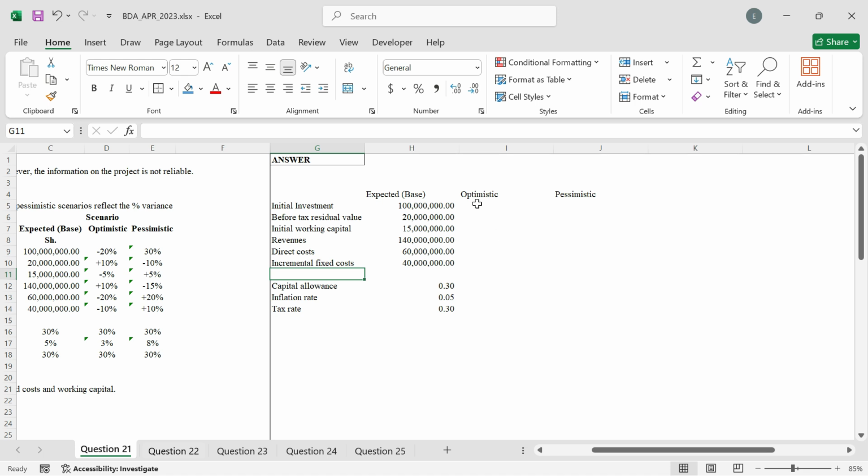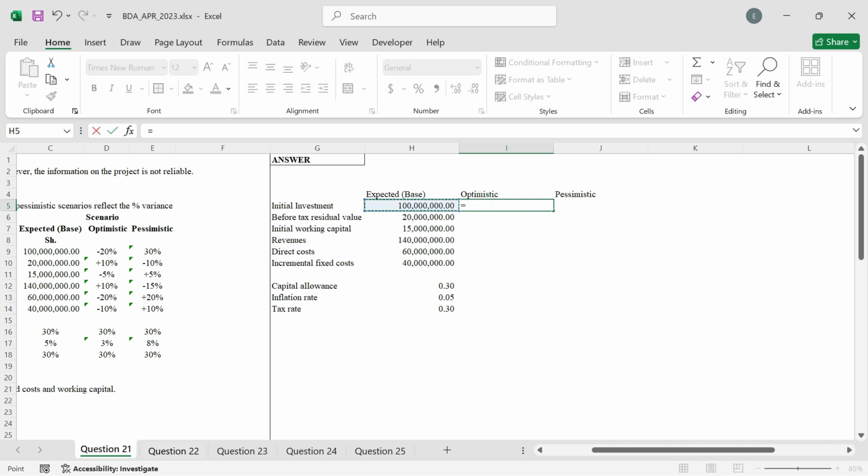Next thing will be to find my actual values for the optimistic and the pessimistic case. This will be the expected multiplied by 1 plus the variance, and this will be the expected multiplied by 1 plus the variance.